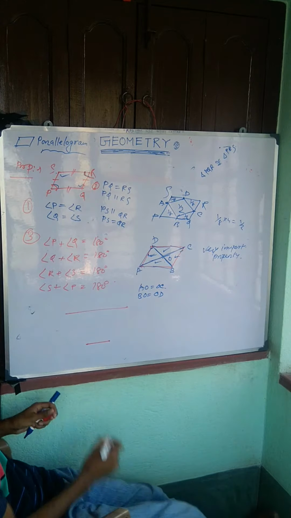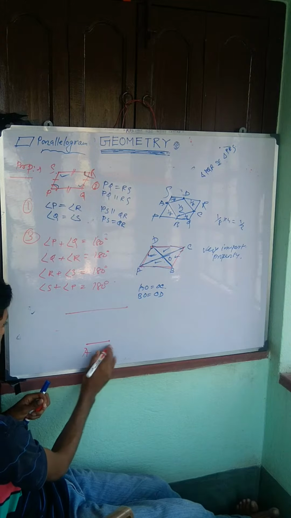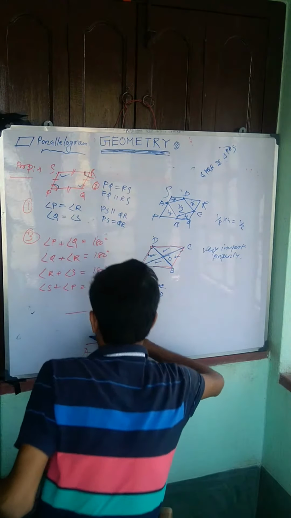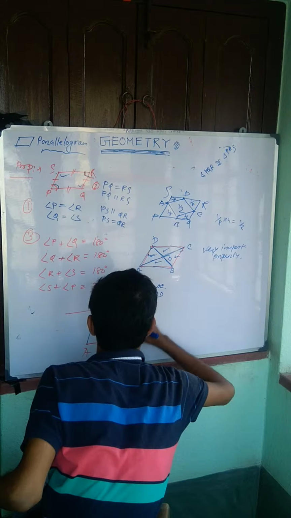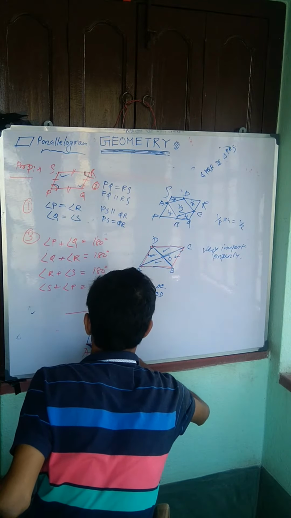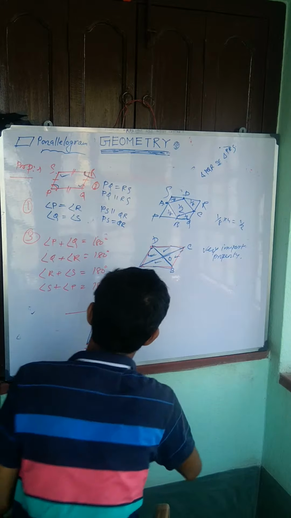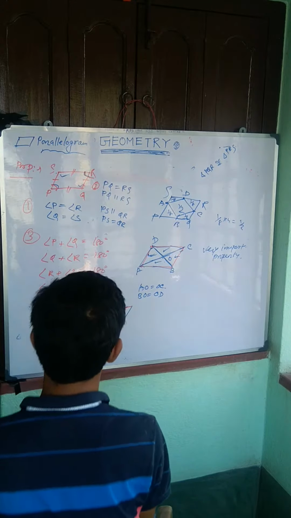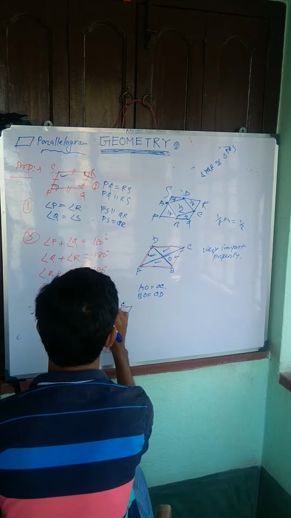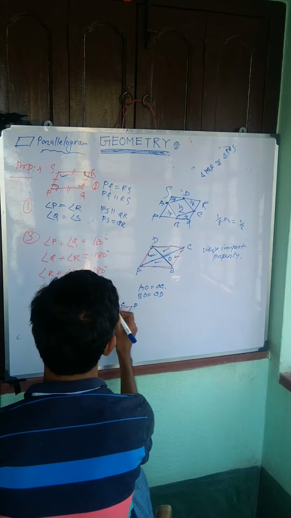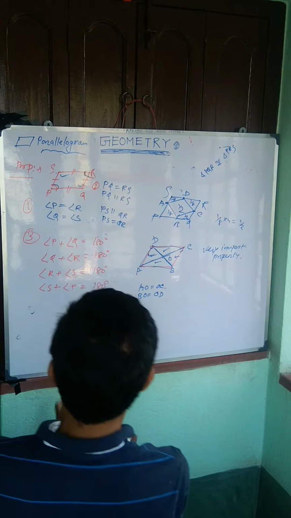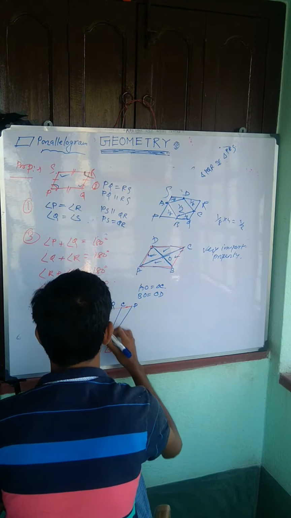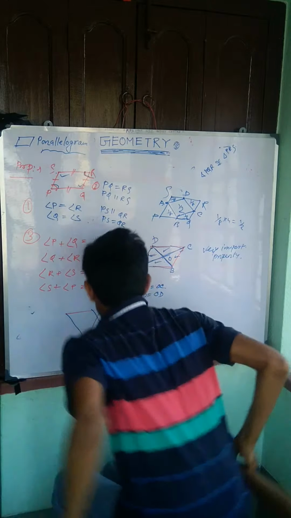Notice, the base is there, suppose AB. Now draw different parallelograms: ABCD, and one more, ABPQ. So all the parallelograms would be equal. Understand this?